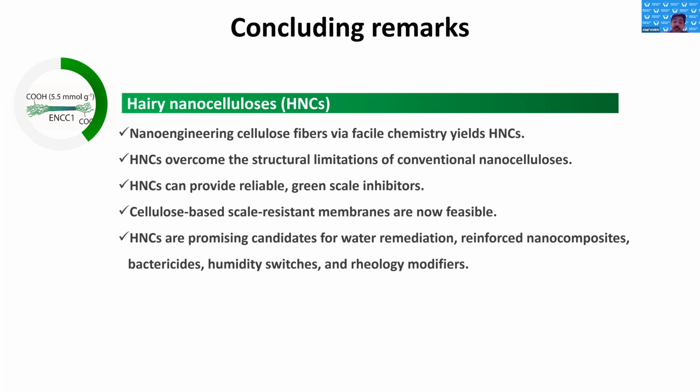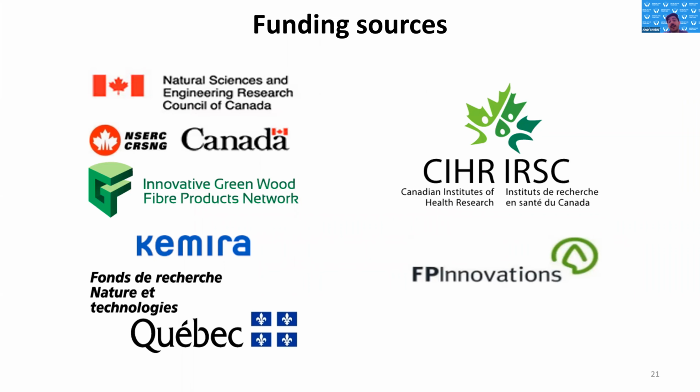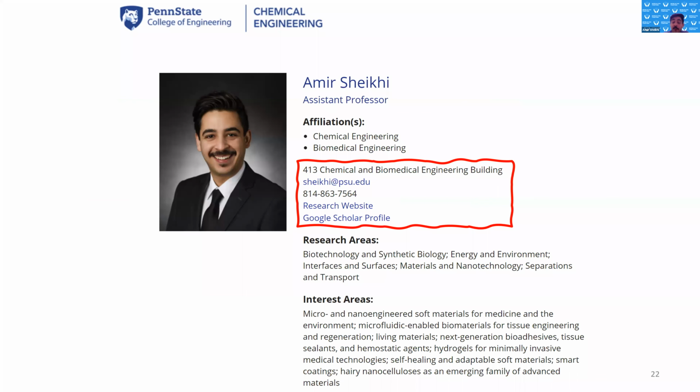If you are interested in learning more about hairy nanocelluloses and other applications of them, please go ahead and send me an email. I will be more than happy to talk about hairy nanocelluloses with you, and hopefully I can convince you that hairy cellulose nanocrystals can be the future of nanocelluloses and green nanotechnology.